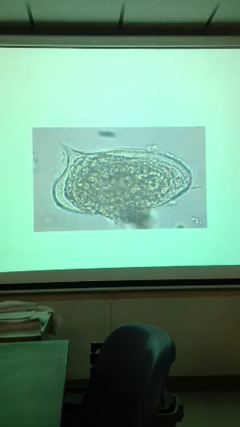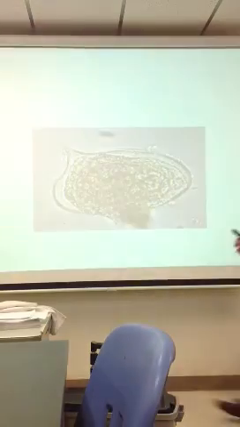Okay. All right. So what kind of structure is this? It's an egg. Okay. So now the question is, an egg from what? Which organ? There are three of them that we looked at. Yeah, Schistosoma. So this is actually Schistosoma mansoni.